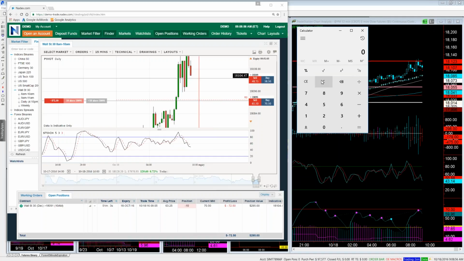All I did was average up so that I'm covering the cost of the trade plus 100% of my return on investment. So I'm saying $63.25, which was the average price on entry, minus 40 equals $23.25. I rounded it to 23.